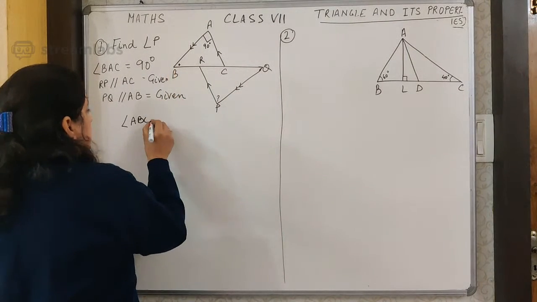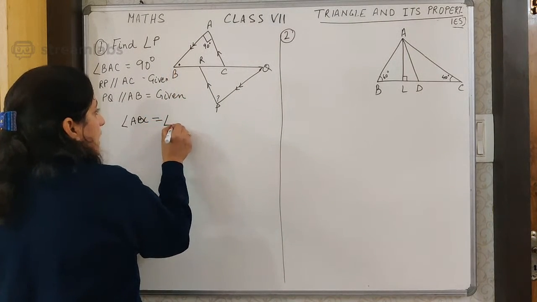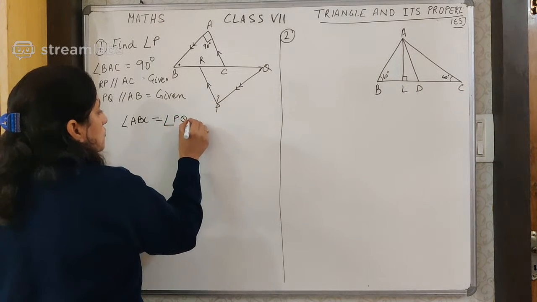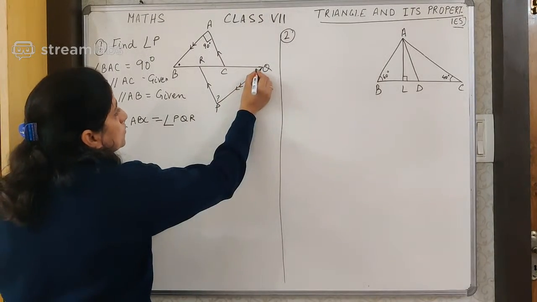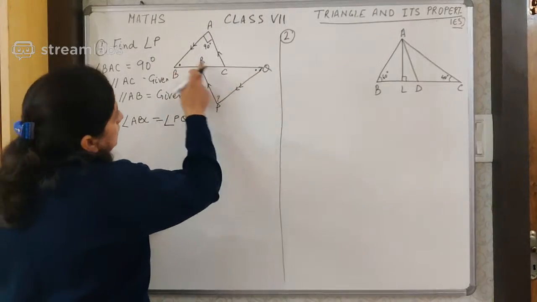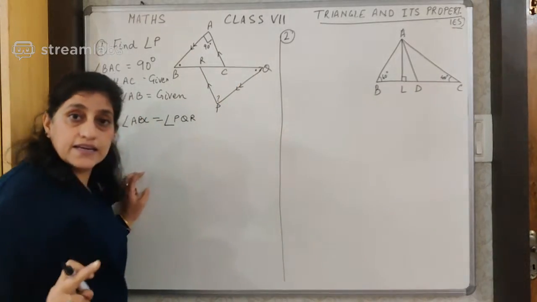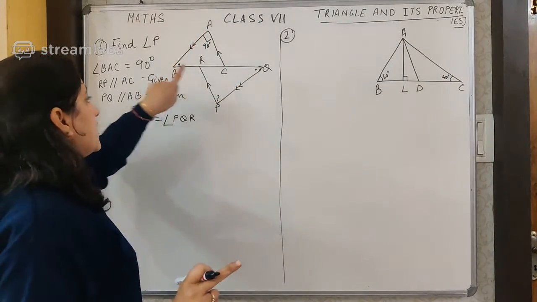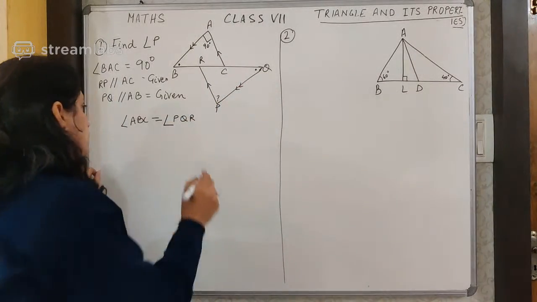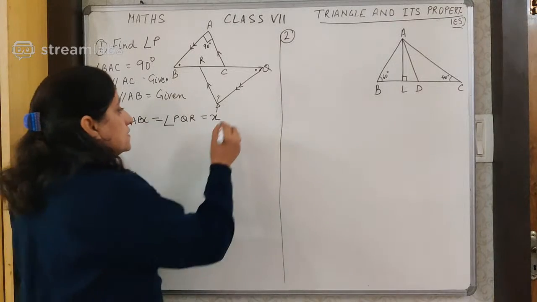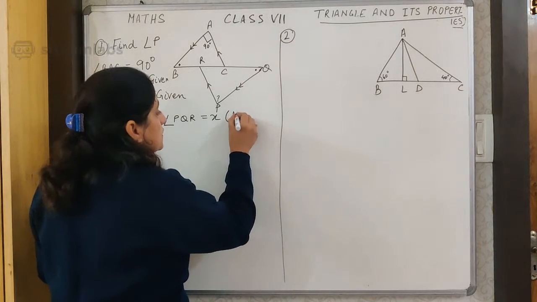Angle ABC is equal to angle PQR, which is equal to this angle. Why are these two angles equal? Because they are alternate interior angles between the parallel lines AB and PQ. And I assume them equal to X.